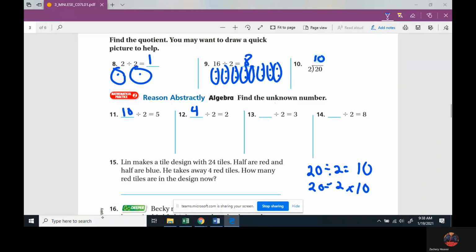Nope. Let's do, we're going to work backwards. We're going to do multiplication now.